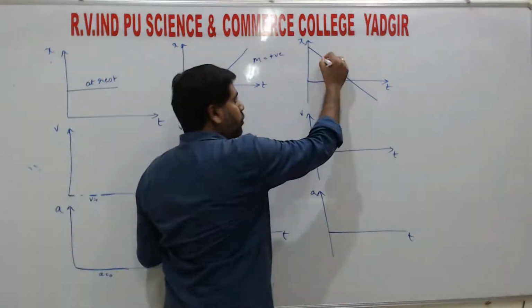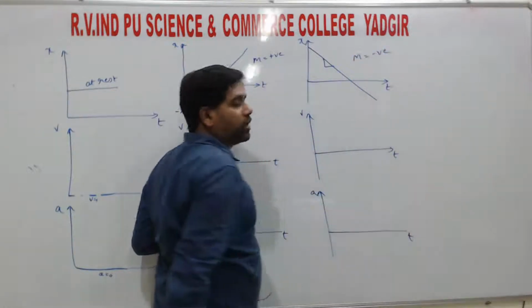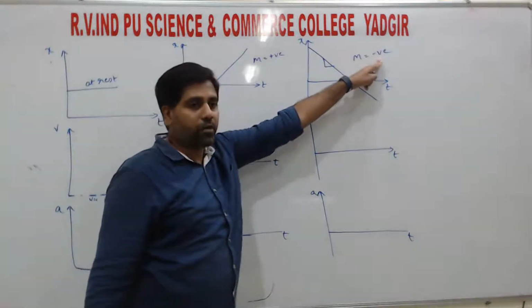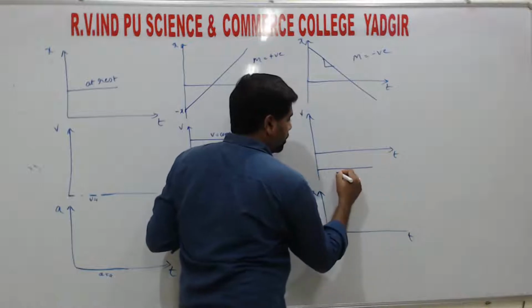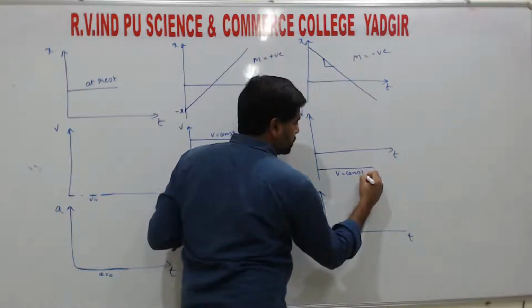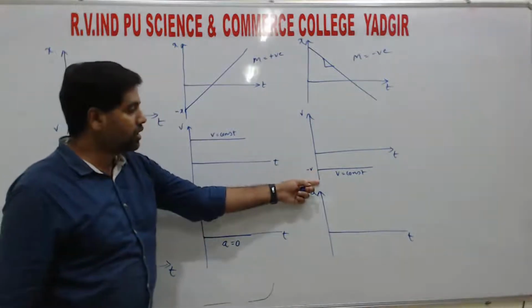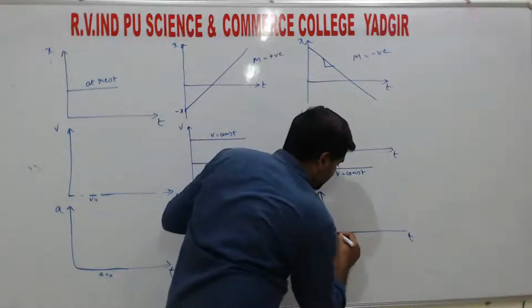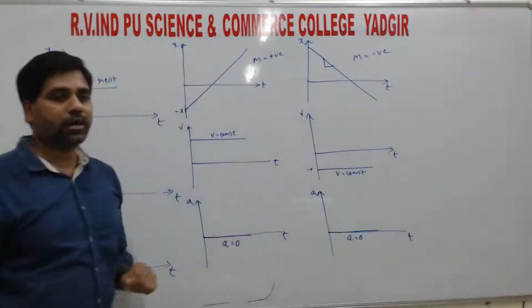So here, if you plot the slope, that is m is negative. That means the object is moving with a constant velocity, but the value of the velocity is negative, right? So in this case, we will write v is equal to constant on the negative y-axis. So again here velocity is constant, then acceleration is zero here, right?